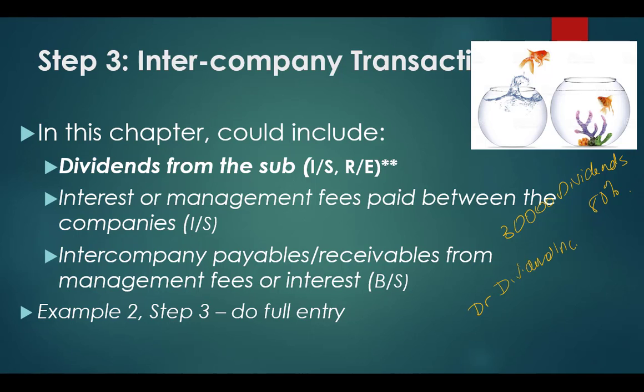How much are we going to eliminate? 30,000 times that 80%, so 24,000. How much did the sub record as dividends? Well, they recorded 30,000, so we need to get rid of that. So we're going to credit the dividends for that 30,000. I'm just going to put 30K. I'm running out of room here.